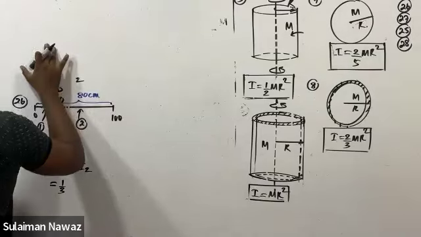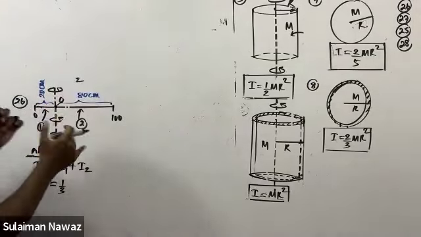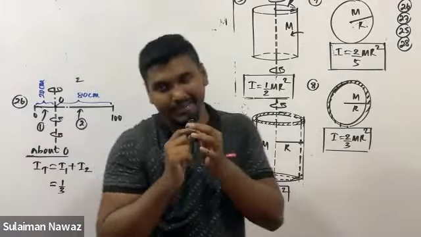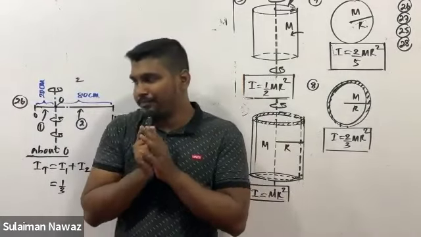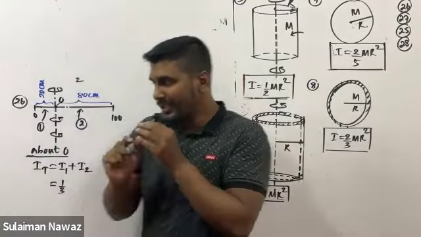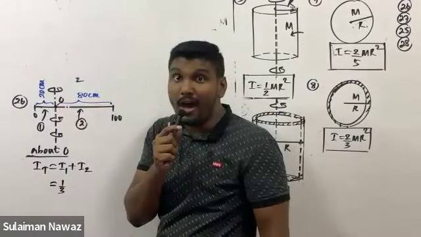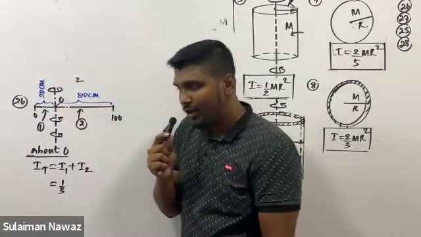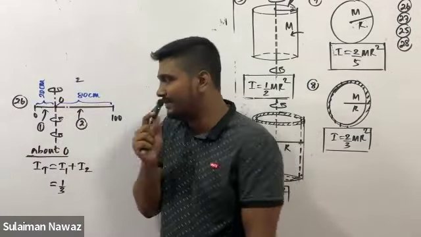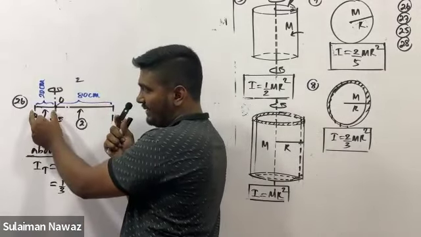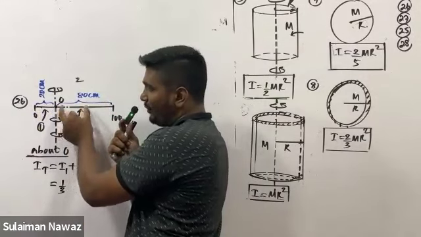This is your rod, and there are different ways to get this. The rod is uniform. Say this rod is a chocolate bar made with 5 chocolates. One chocolate has a length of 20 centimeters, and the remaining 4 chocolates are here.